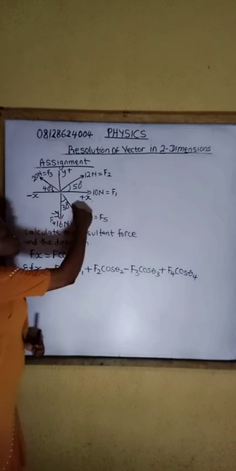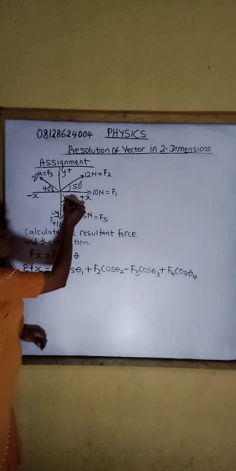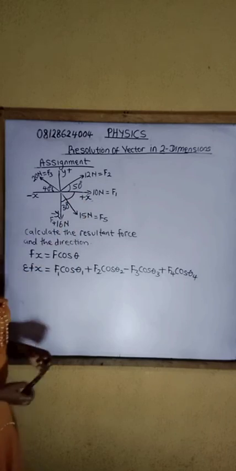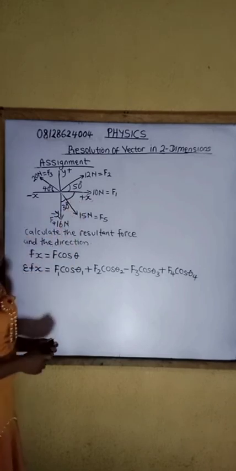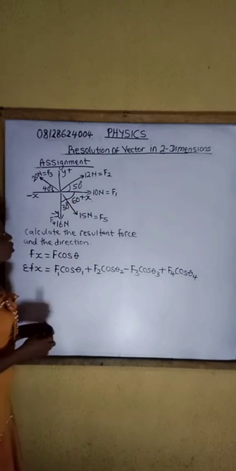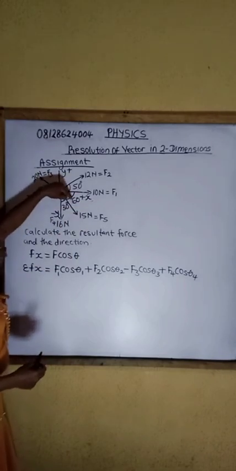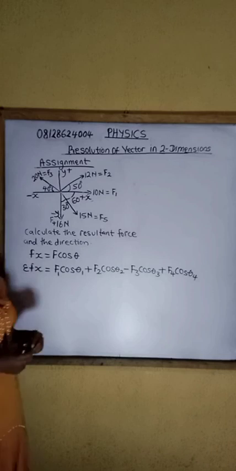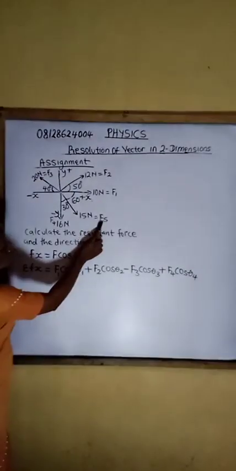Then we need it towards the horizontal axis. So we are going to calculate this angle. From here down to this place is 90 degrees. So 90 minus 30 will give us 60. Now to get our Fx, you are going to use angle 60, not angle 30. You use angle 60.